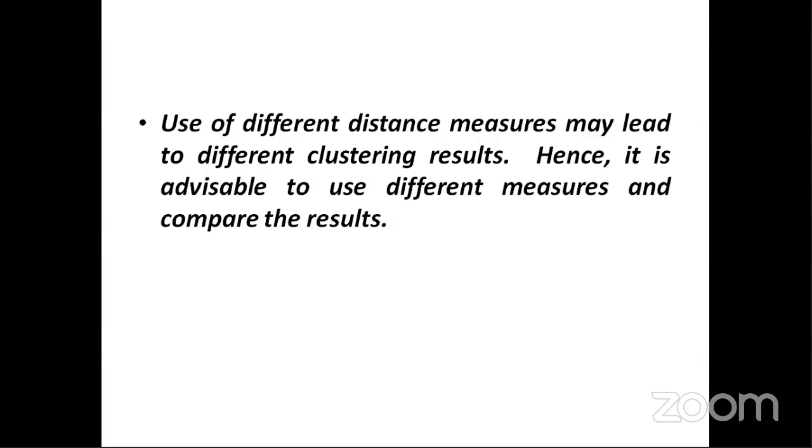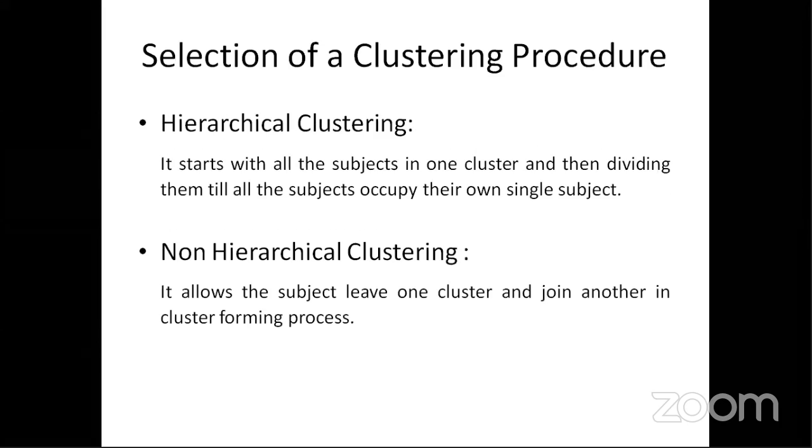That's why here I mentioned that use of different distance measures may lead to different clustering results. Hence, it is advisable to use different measures and compare the results. So again, the next step is the selection of the clustering procedure. Basically, there are two procedures, hierarchical and non-hierarchical.